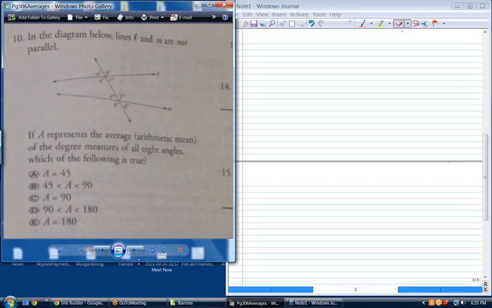Lines L and M, the two horizontal looking lines that you see there, are not parallel. If A represents the average of the degree measures of all 8 angles, which of the following is true? What is the average of all 8?